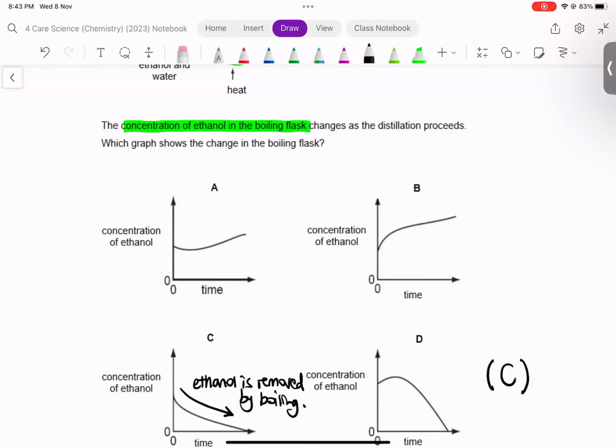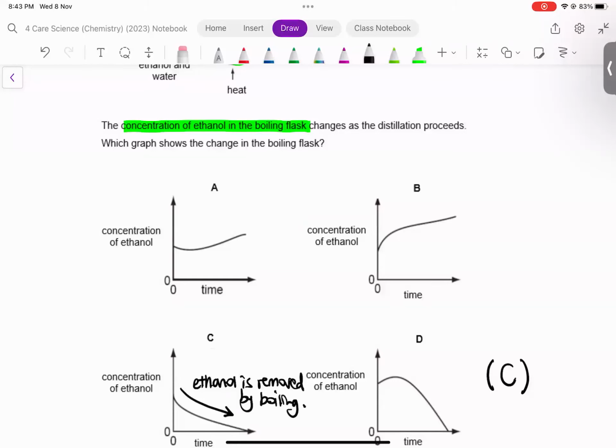And why will ethanol distill out first? It is because its boiling point is lower than water. So please learn this well. Now this is for ethanol, because ethanol has a lower boiling point than water.